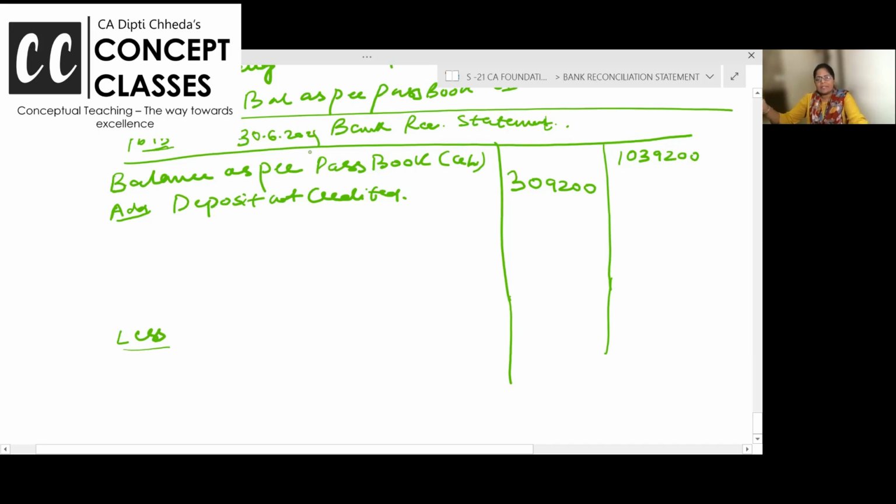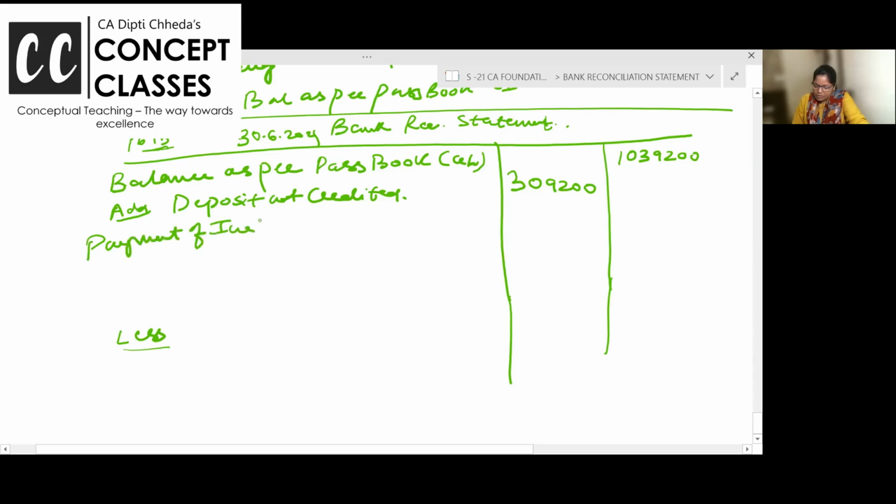Passbook has debited 3 lakhs, 3 lakhs, 3 lakhs, April, May, June. They have standing instructions debited. I didn't credit it in my books. So passbook has already debited. Now passbook should do what? Credit.